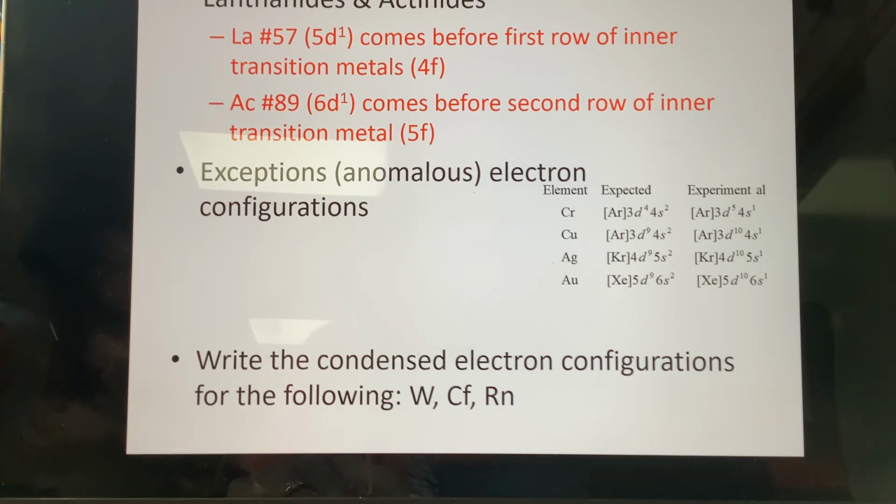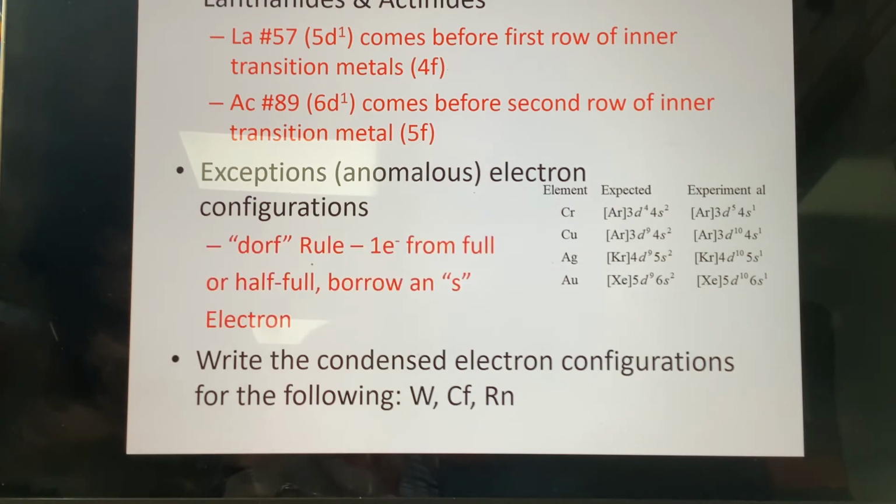We did talk about this in honors. So I call it the dwarf rule. If in the d or f sublevels you're one away from having a half full or full sublevel, we borrow an s electron, and that's what's going on here.